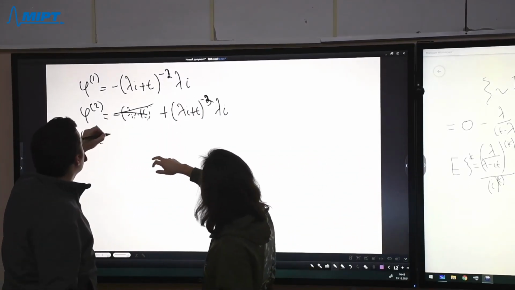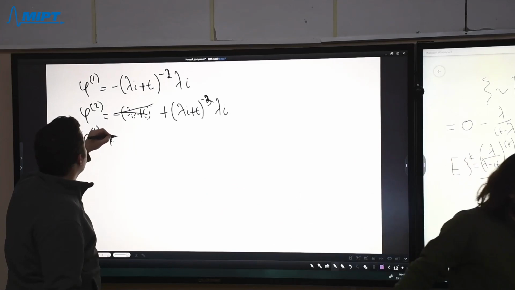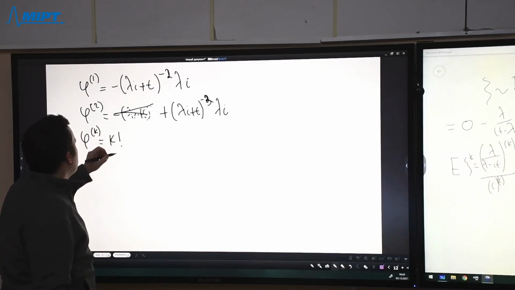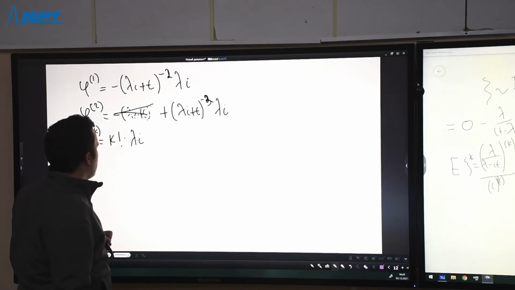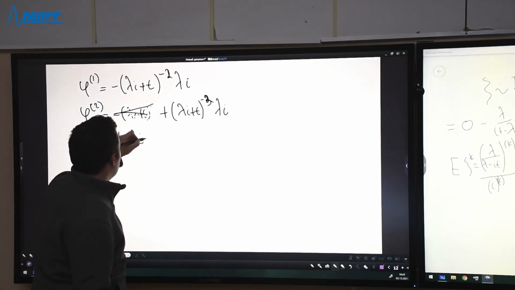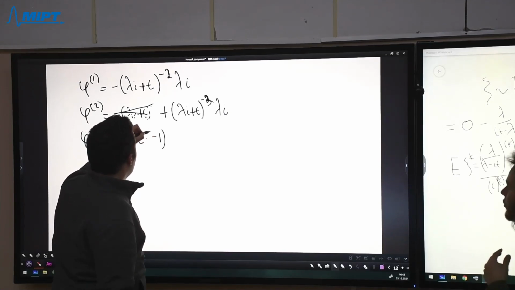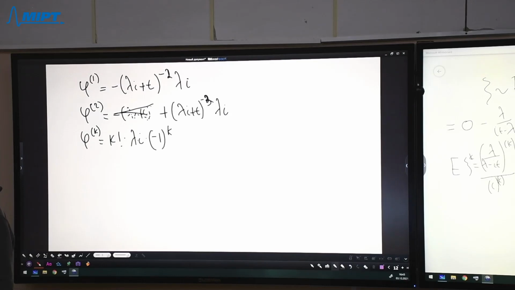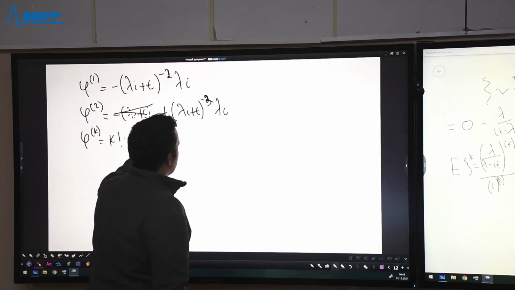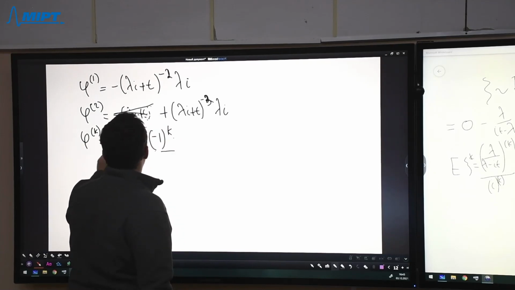The general is k factorial times lambda I, times minus 1 to the k, over (lambda I plus t) to the power of k plus 1.